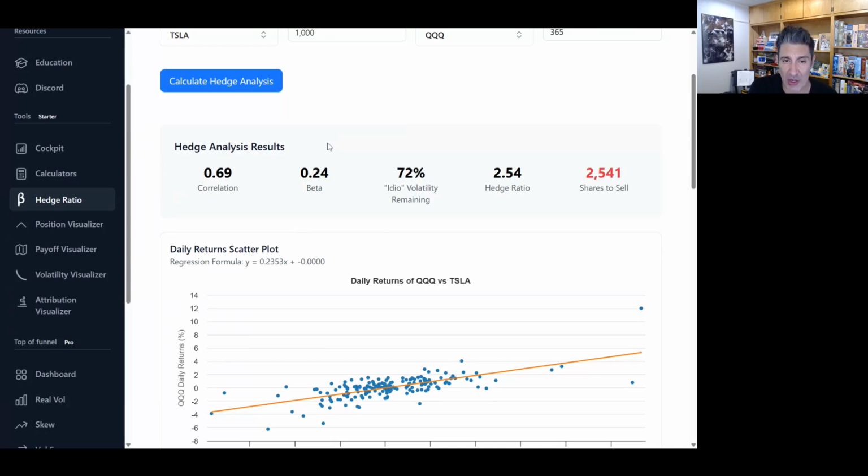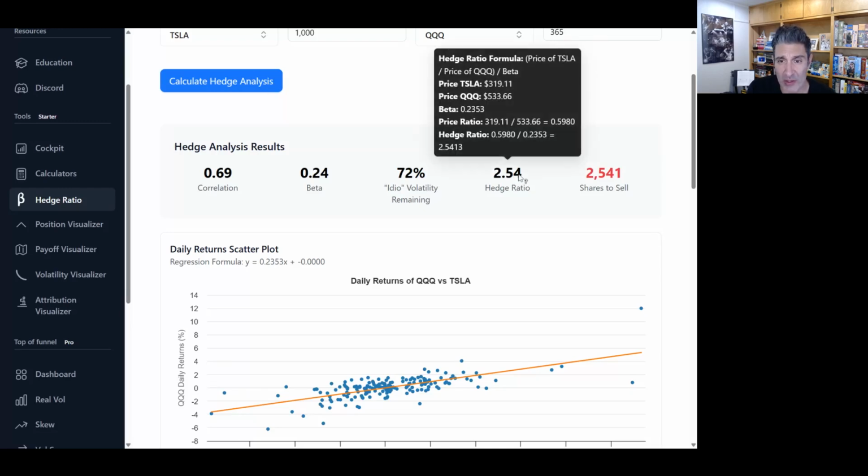But that's not actually your hedge ratio, because remember that the Qs are more expensive than Tesla. If we go to hedge ratio, Tesla is $319 and the Qs are $533. So what we have to do is take the beta and multiply it by the price ratio.